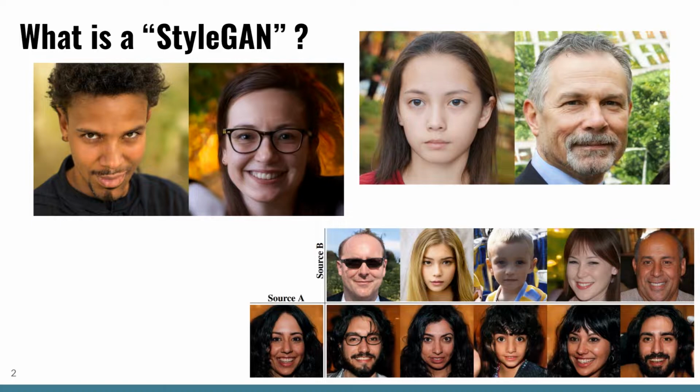So for example, here, you can see that from a single source image A, you can couple the source image with the different sources B to mix and match those textures and content in a way so that the images that you get out of this clearly keep some features from the source A and from the source B. And that's the kind of thing that, although it already existed at the time, had never been seen before at this kind of level of precision.